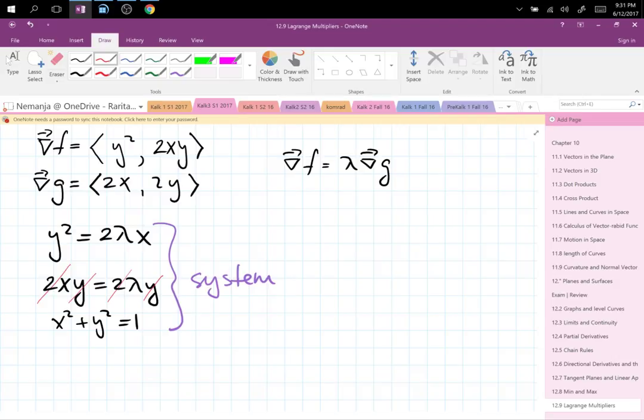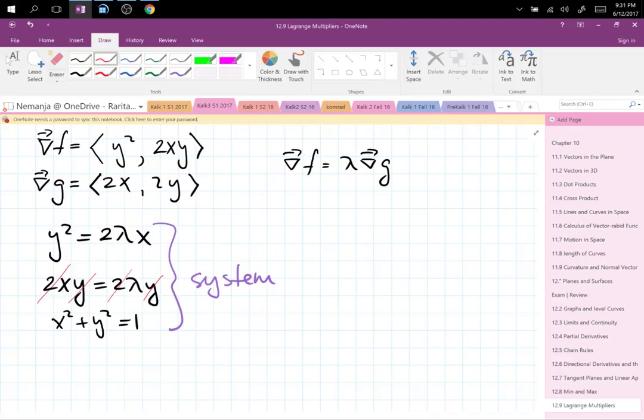You see that? So let me run one more time. If I allow for y to be 0, then because y is 0, x must be 0, because that's a constant times 0, right? And then I would have 0, 0, but 0 plus 0 cannot be 1. So y is not 0, and that's why I'm allowed to divide both sides by y.